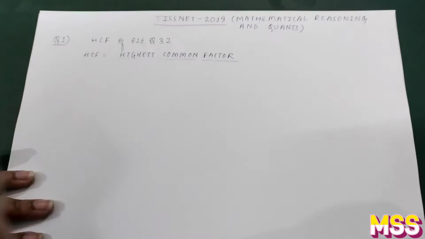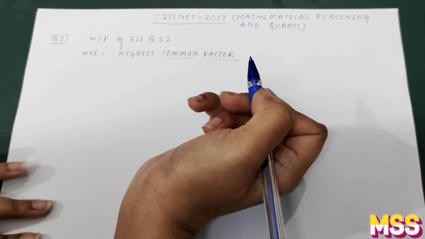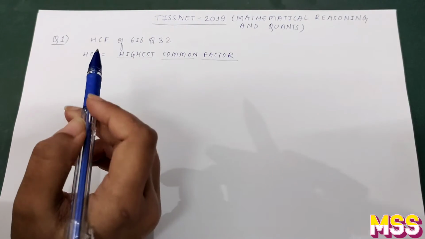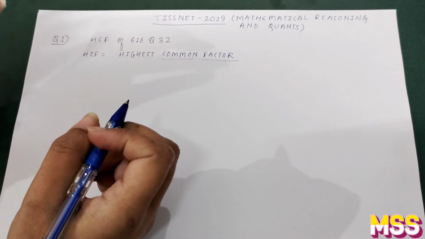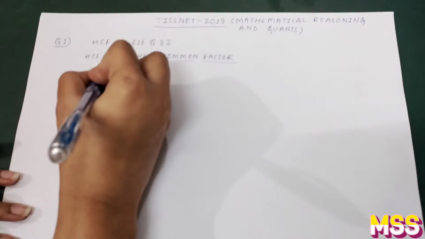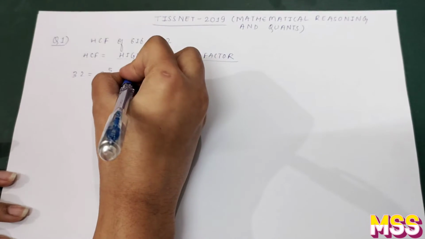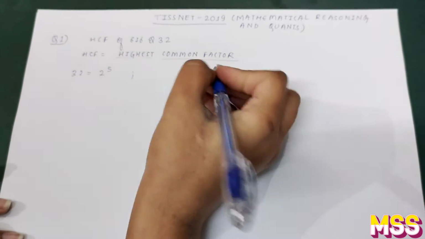So here's a little trick. Find the factors of the smaller number first, so that you just have to match whatever it is in the higher number, right? You don't have to find all the factors for the higher number. We know that 32 is equal to 2 to the power 5. Now we just have to find how many 2's are there in 616.